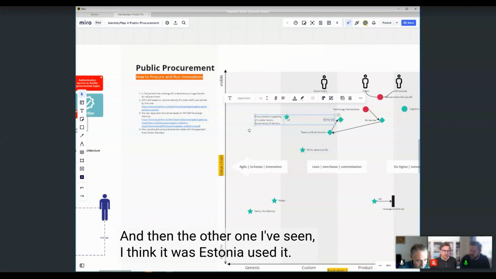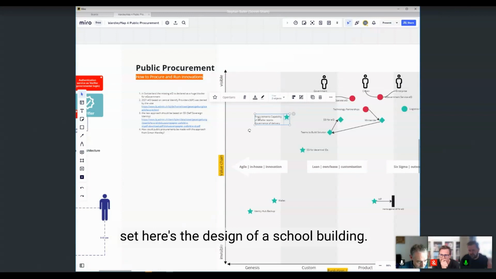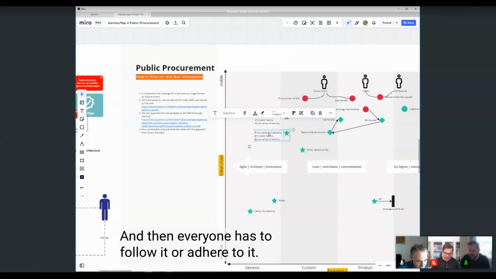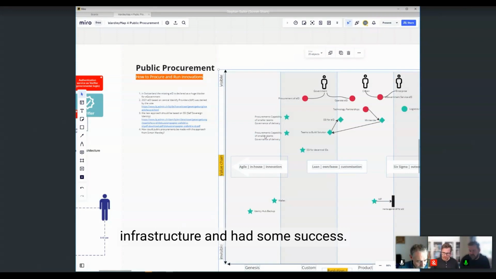And then the other one I've seen, I think it was Estonia used it. So there is a design challenge function in procurement where normally you set, here's the design of a school building, and then everyone has to follow it or adhere to it. But Estonia tried to use it for a software piece rather than a physical infrastructure, and had some success.